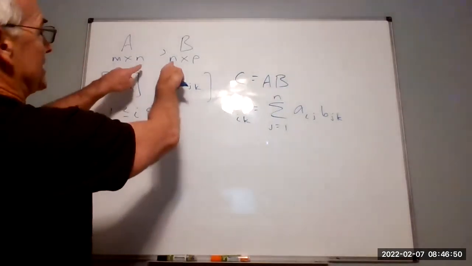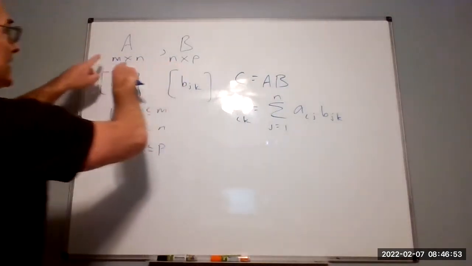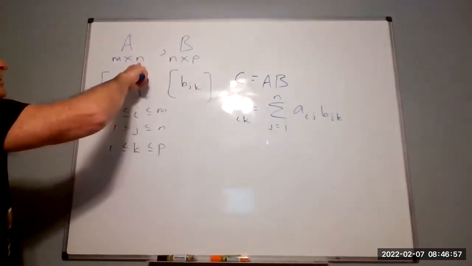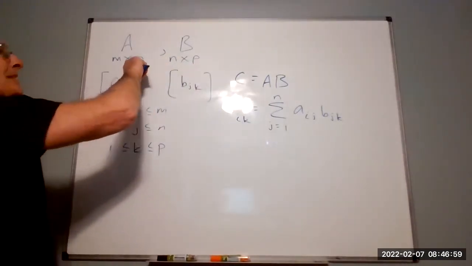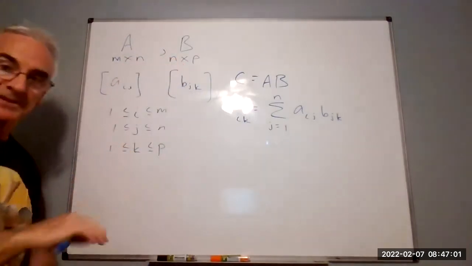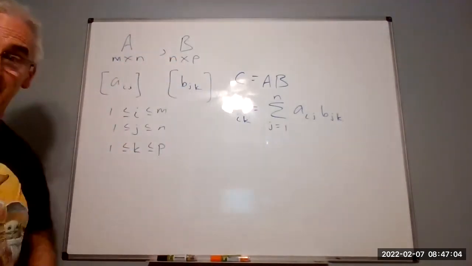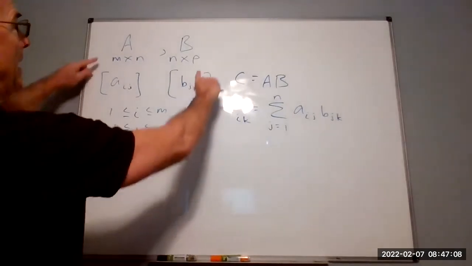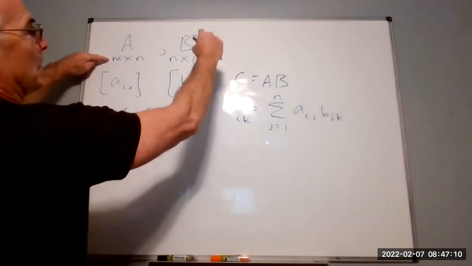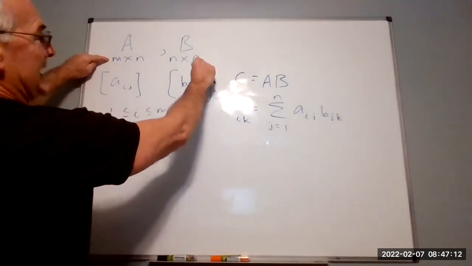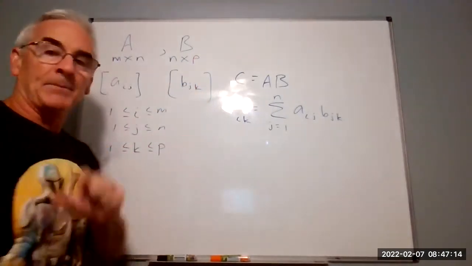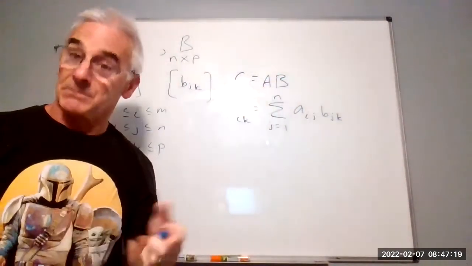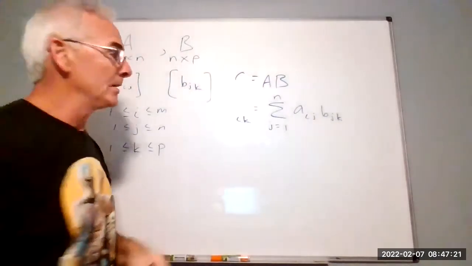The only thing that matters when I multiply matrices is this is row, column, row, column. The number of columns of the first matrix has to match the number of rows of the second matrix. That's absolute. That's the only way we define matrix multiplication. Then when I multiply those matrices, my new matrix is going to be M by P. I take a row of one matrix and multiply it by a column of the second matrix, in much the same way I defined it a moment ago.